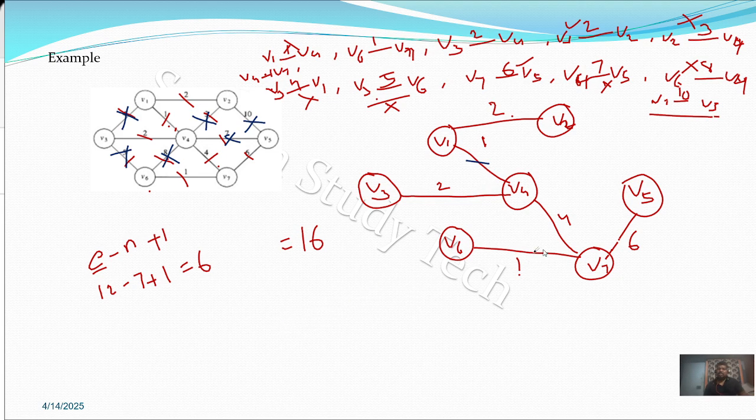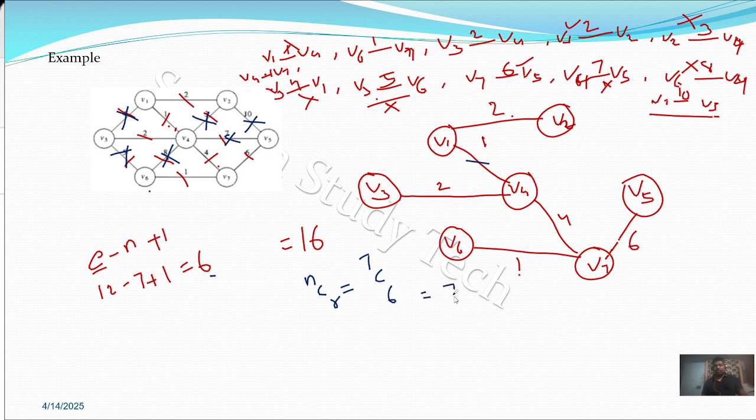The spanning tree must be a connected graph. If any graph is disconnected, it cannot form any spanning tree. How many spanning trees are possible for this graph? Using nCr, n is the number of vertices, which is 7, and r is the number of edges you can remove, which is 6.